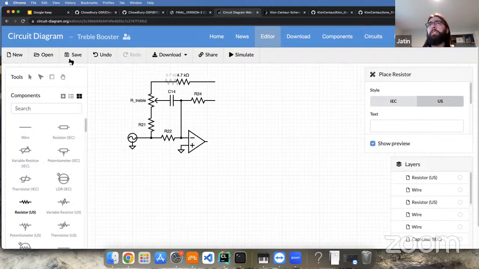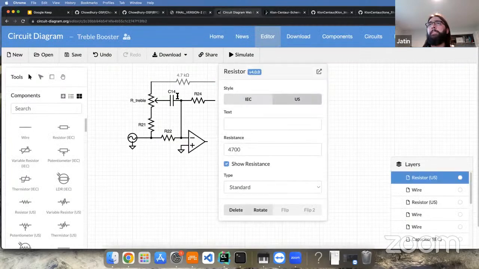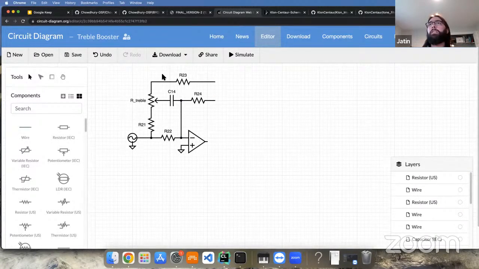We're coming across everything here, and that's our R23, right? Yeah. Cool, and now we can wire it all up. Wires, boom, all right.